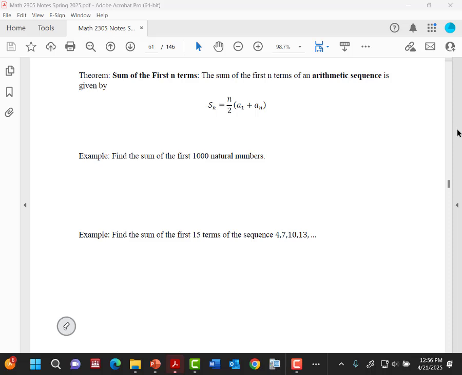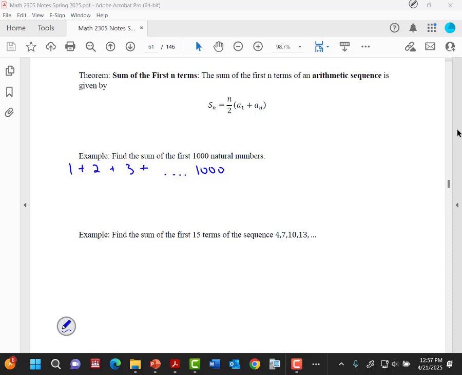So let's do this. Find the sum of the first 1,000 natural numbers. If I take a look, the first 1,000 natural numbers would be 1 plus 2 plus 3, all the way out to 1,000. That's what I'm interested in.